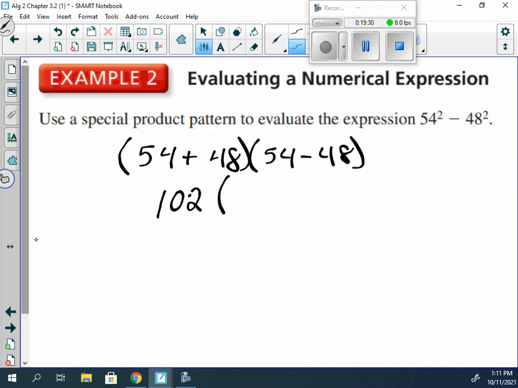And 54 minus 48 is 6. And at this point here, we can multiply these together. 6 times 2 would be 12. Carry the 1, which would be 612. So we get 612. This is very effective if we don't have what?